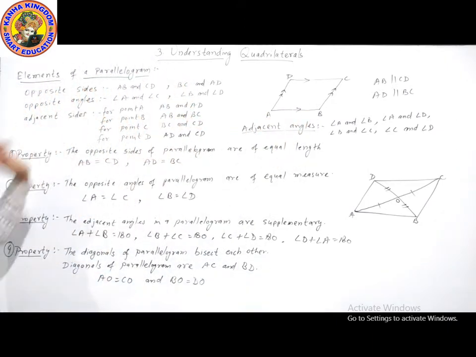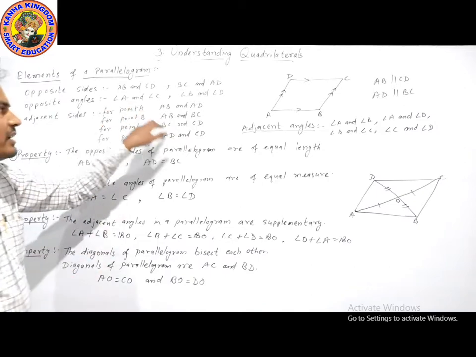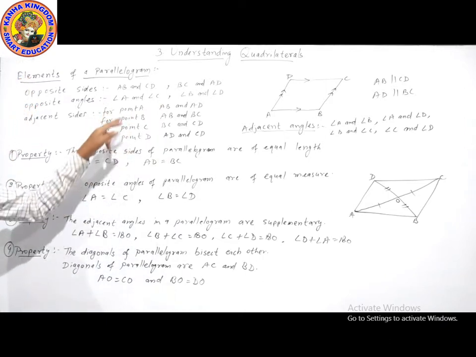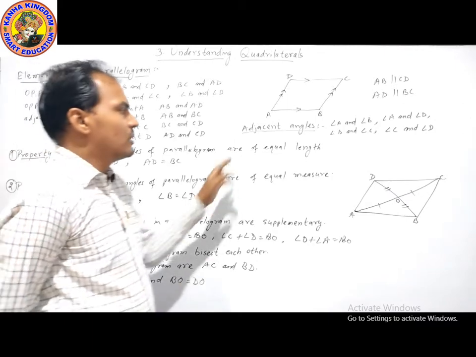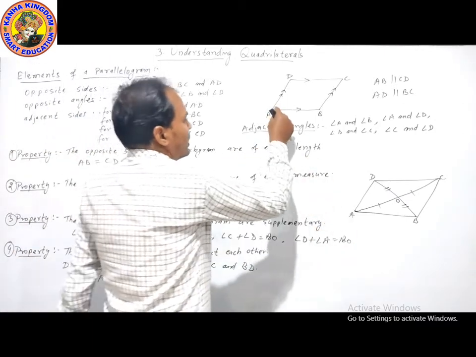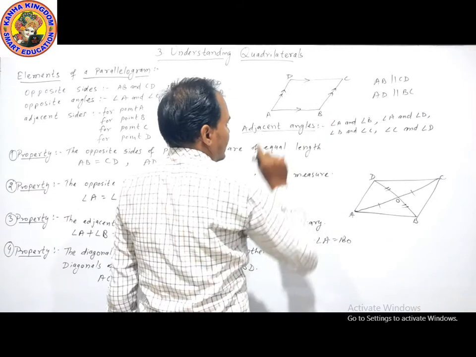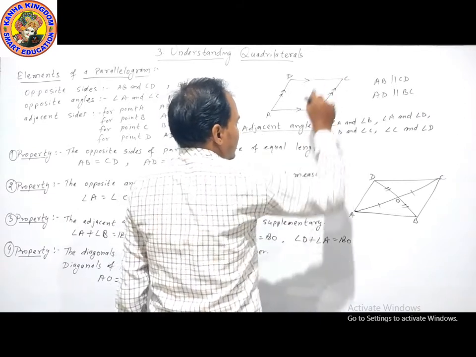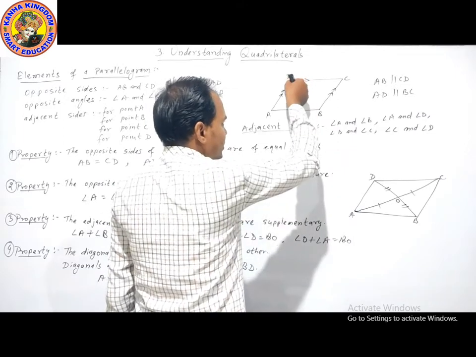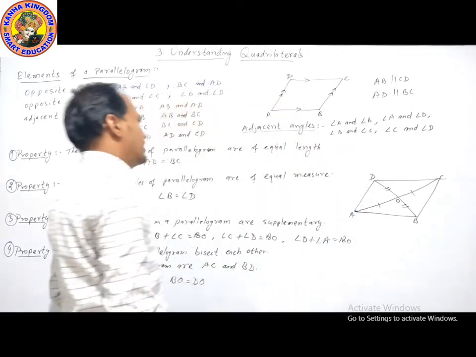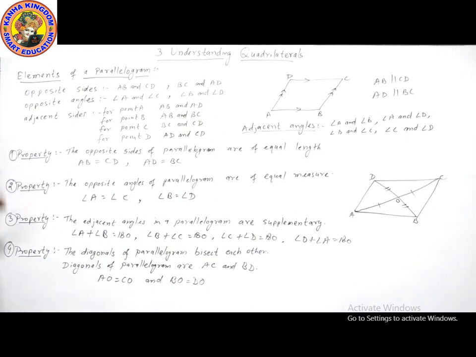These are the adjacent sides. There are 4 pairs of adjacent sides for 4 points, point A, point B, point C, point D. Now adjacent angles: A and B are adjacent, B and C are adjacent, C and D are adjacent, D and A are adjacent. These are the elements of a parallelogram.